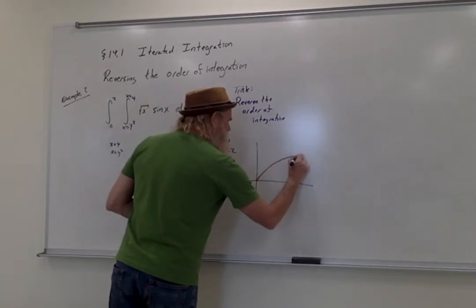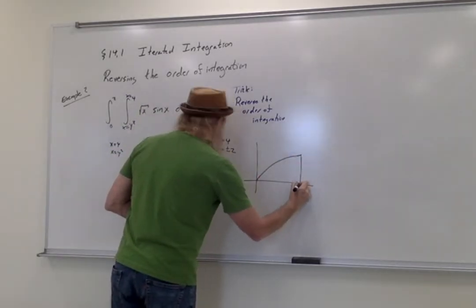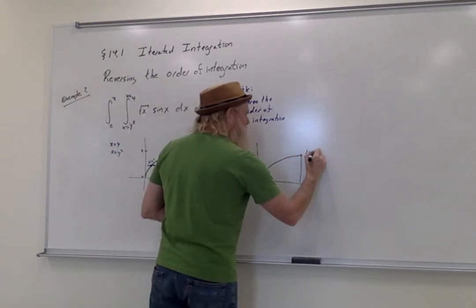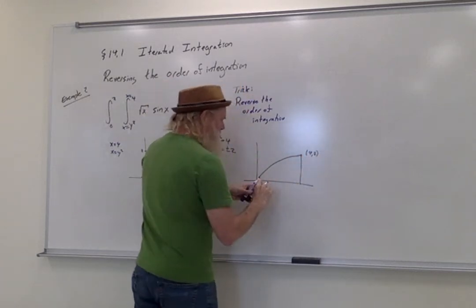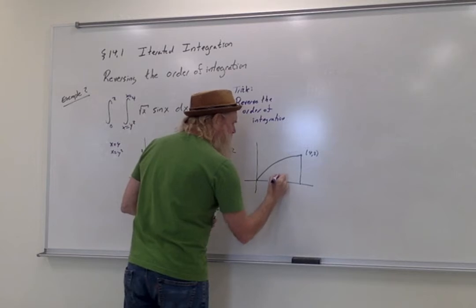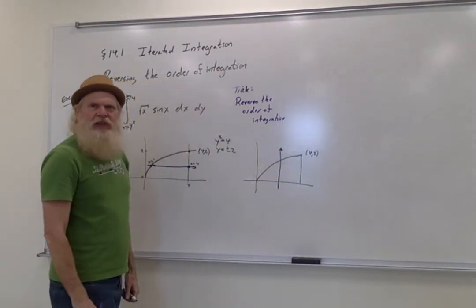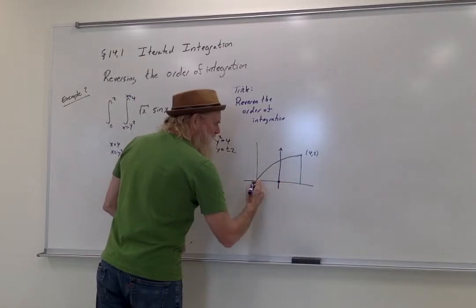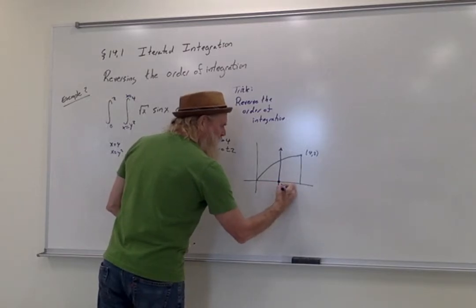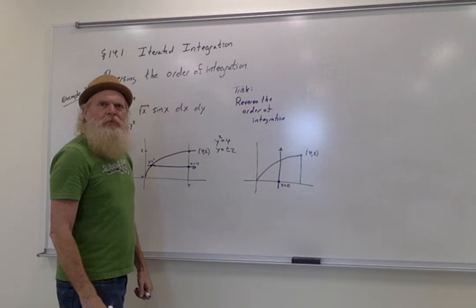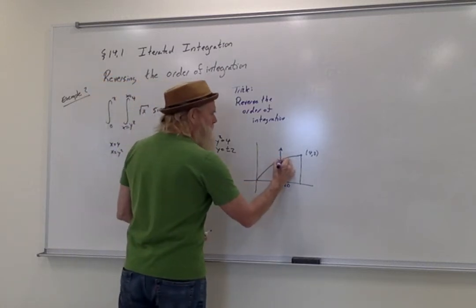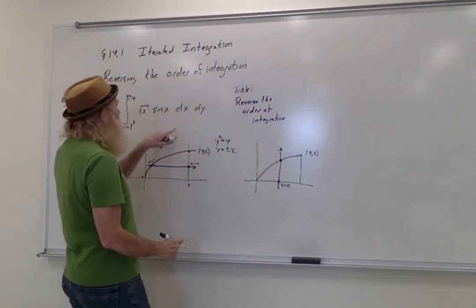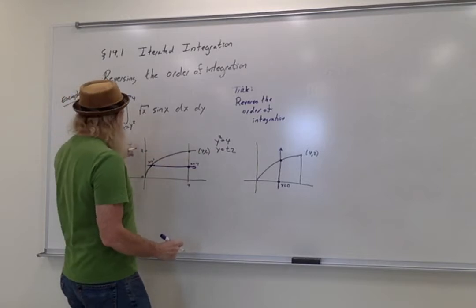So I'm going to have exactly the same region, but I'm going to think about slicing it vertically this way, so that I'm entering on the x-axis, which is the same as y equals 0, and I'm exiting on this top curve, which is the parabola.